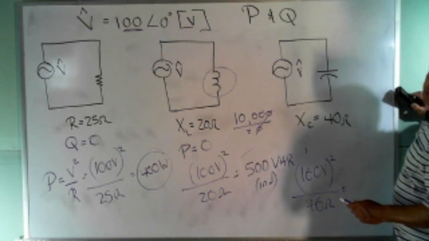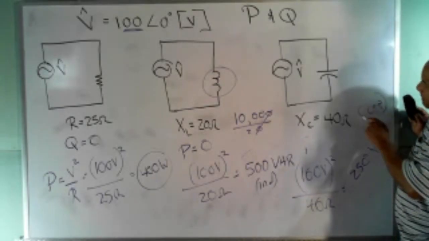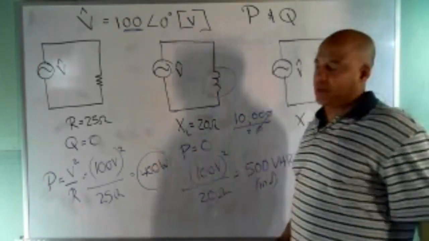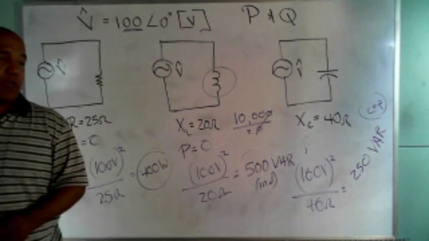I'm too tired to do the head math right now. 250, 250 VAR capacitive. That was pretty easy. There's nothing hard about that once you see what we were doing.